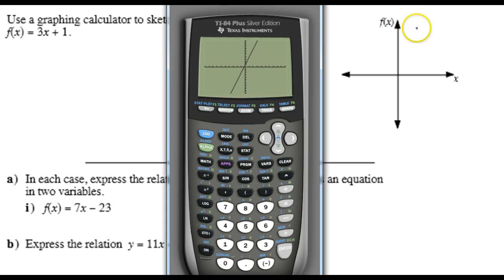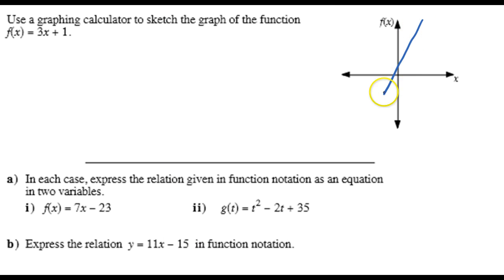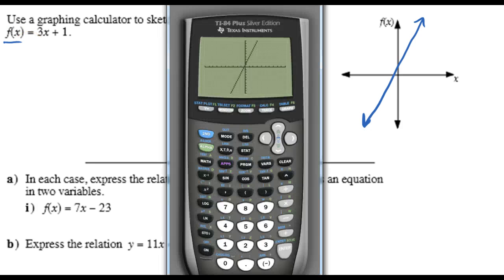I'm just going to sketch this graph here. Again, nothing different except the function notation, and your calculator doesn't really care what you're graphing. As a matter of fact, you can only input a function into your calculator. You would get an error if you didn't, because it is y on the one side.